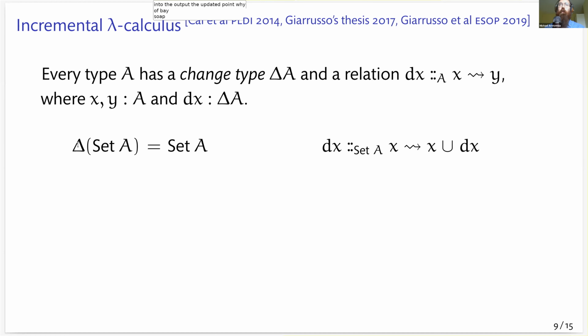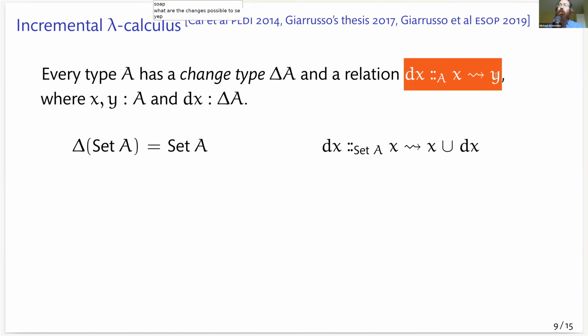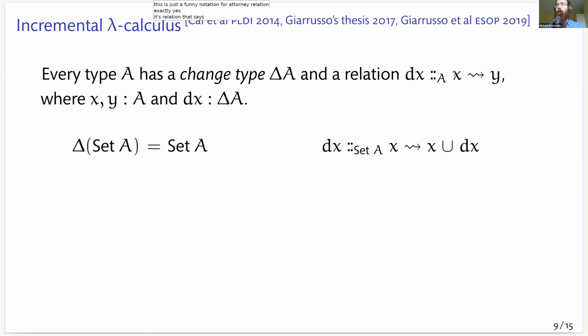So what are the changes possible? Wait, sorry, I'm a little lost. So what's this colon subscript A and the wiggly arrow again? This is just a funny notation for a ternary relation. Oh, it's a ternary relation between dx, x, and y. Exactly, yes. It's a relation that says this base point, x, when you apply dx to it, produces the updated point y.